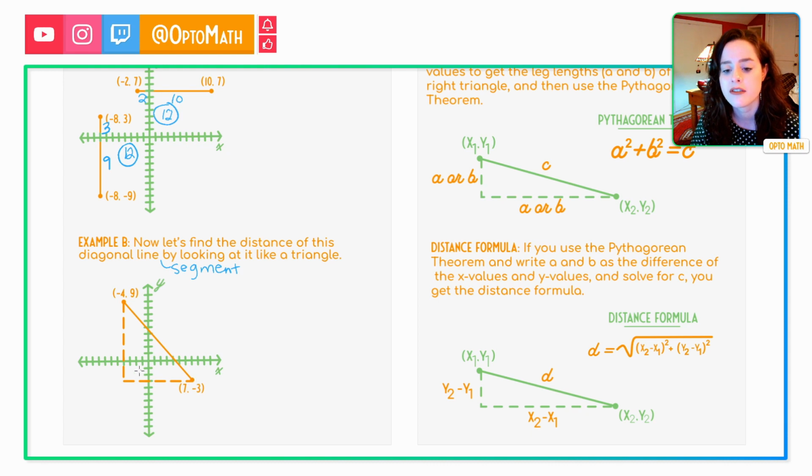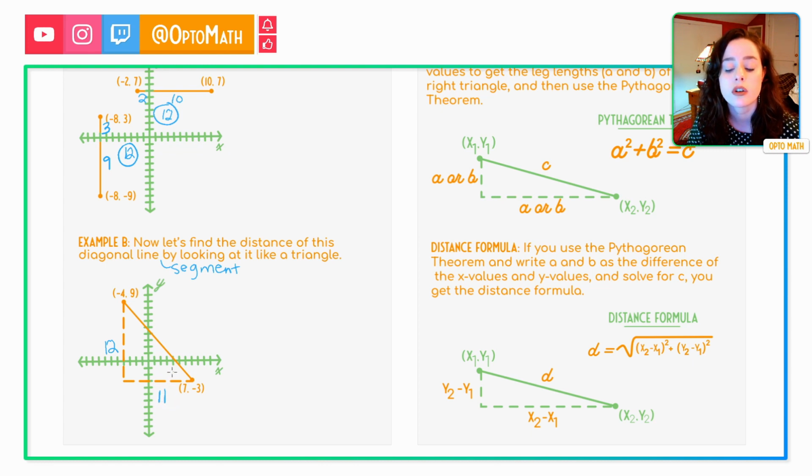So let's go ahead and find the distance between our y values and the distance between our x values. So if I'm going up 9, that's a 9, and I'm going down 3, so 9, 10, 11, 12, that's 12. And this is -4 and a +7, 7, 8, 9, 10, 11. So that's 11 is that distance.